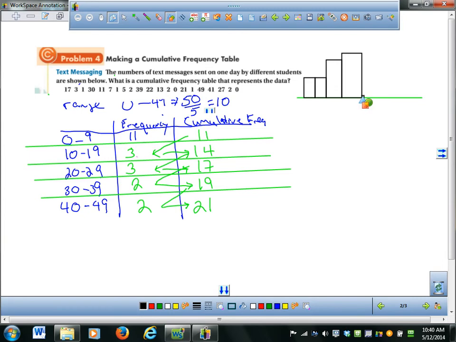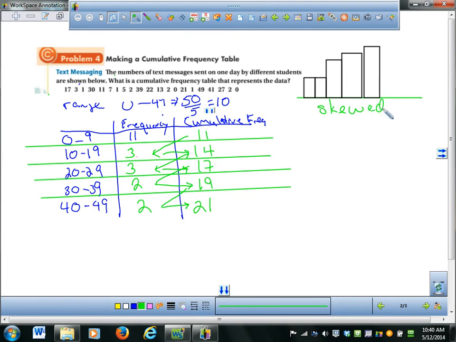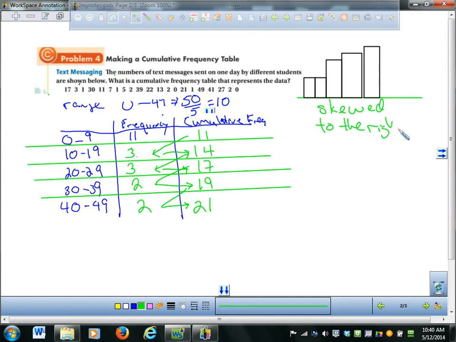Pretend that they're connected. This thing has a name. This is called skewed. Don't giggle. Skewed to the right. If I had a histogram that looked like this, where is more of the data falling? 0 to 9. To the right, okay? So more people are leaning this way than this way.